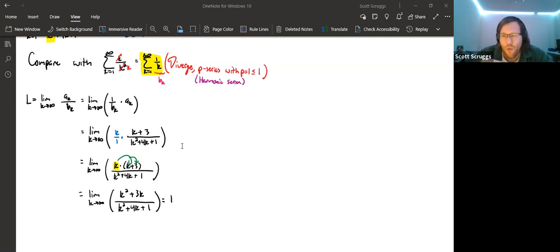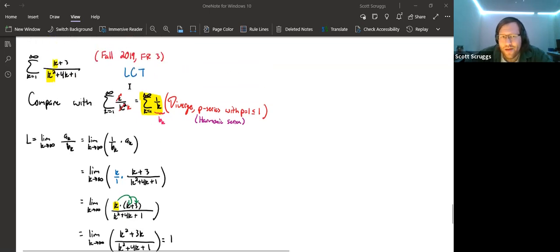And so what the limit comparison test says is that whatever is happening to the series I'm comparing with will also happen to the original series. So if the series I compare with converges, my original series would converge as well. In this case, because the series I'm comparing with diverges, that means the original series will also diverge.